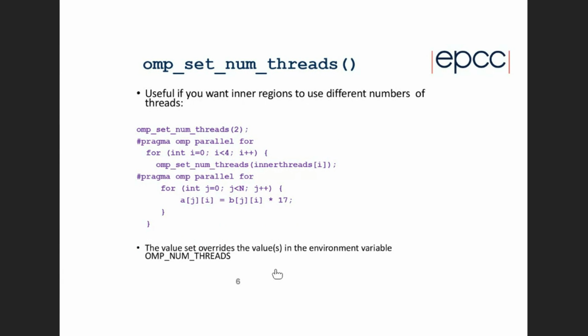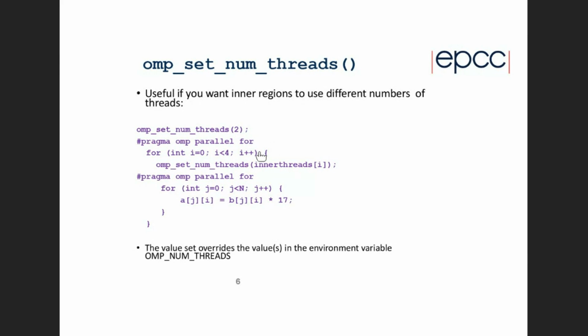Here's a slightly more complicated example. Suppose I have an outer loop with 4 iterations in it, and I'm going to use 2 threads to execute that outer loop.